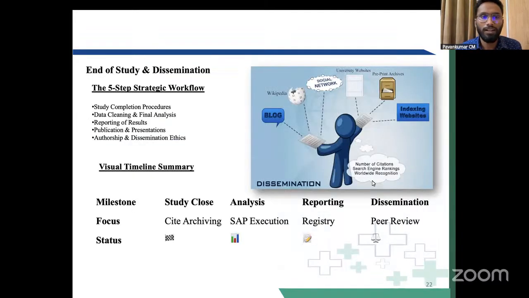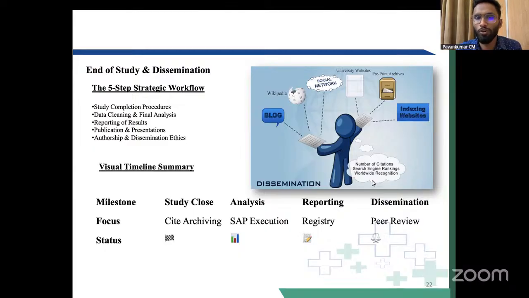And end of the study and dissemination, the five-step strategy flow: we have to mention the study completion procedure, data cleaning and final analysis, and reporting of results, how we are going to do it is very important, and publication and presentation is very important, and authorship and dissemination ethics are also important.